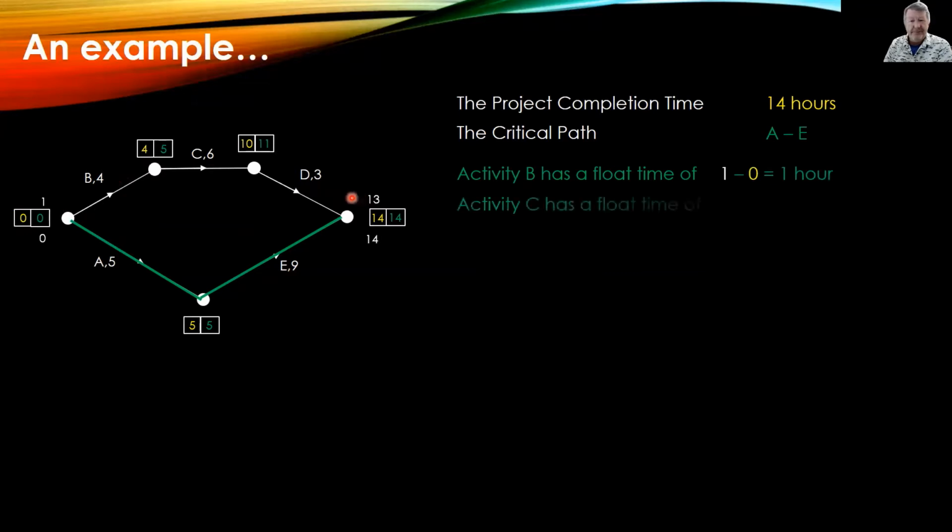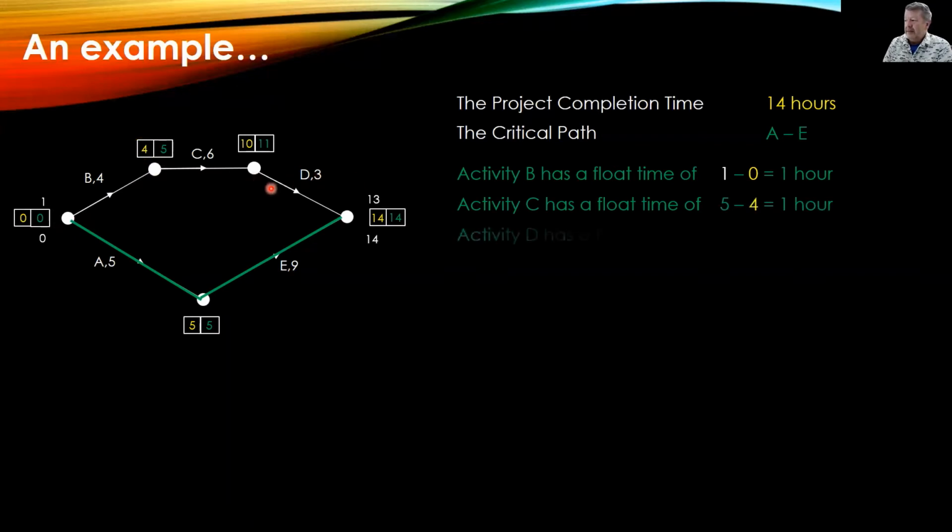Activity C. Right, same deal. Where does C start? C starts here. So our latest start time is 5. Haven't got anything above it. So you only get this above and below when you have a junction of edges of activities. 5 take away the 4. 5 take away 4 is, of course, 1.